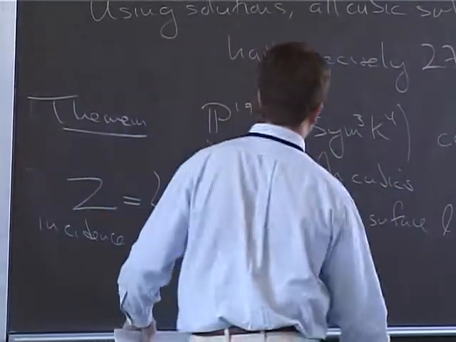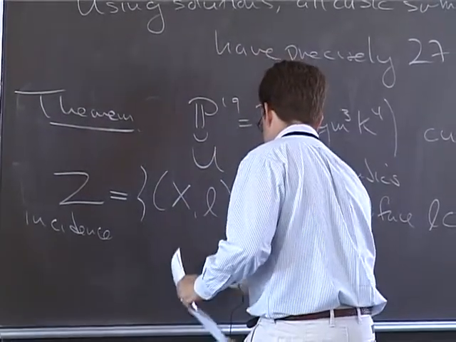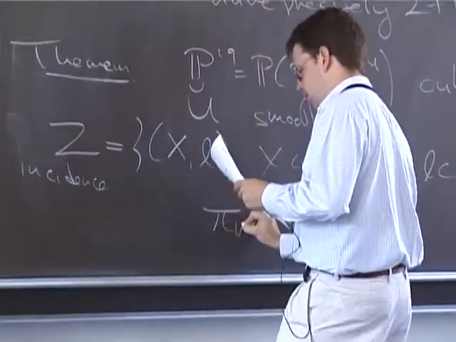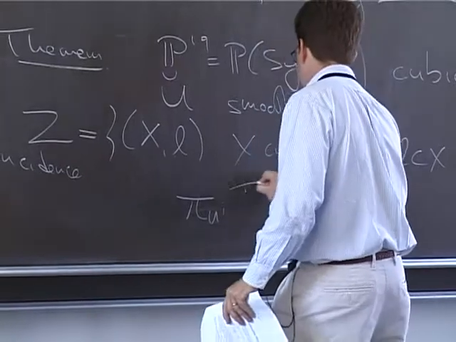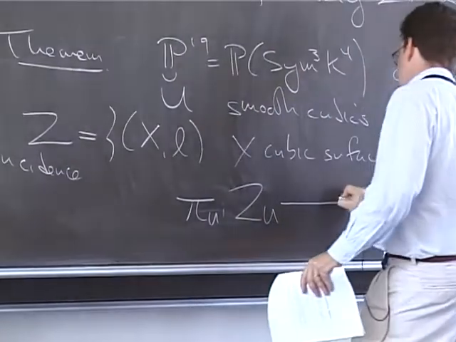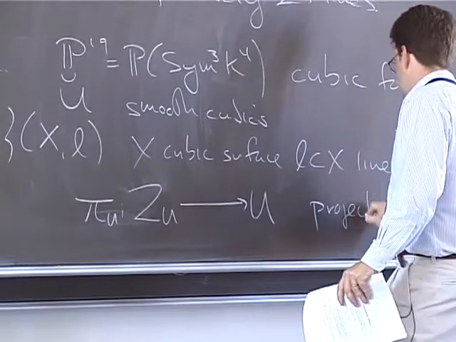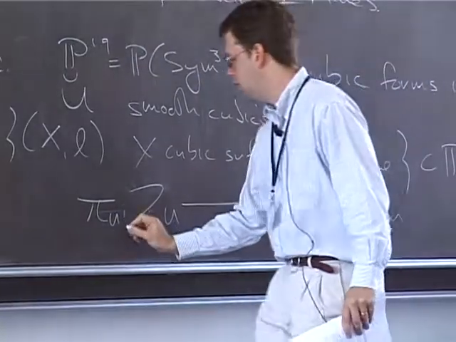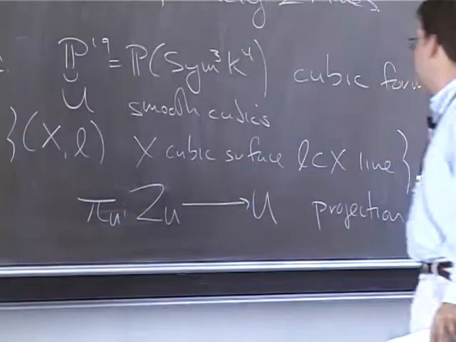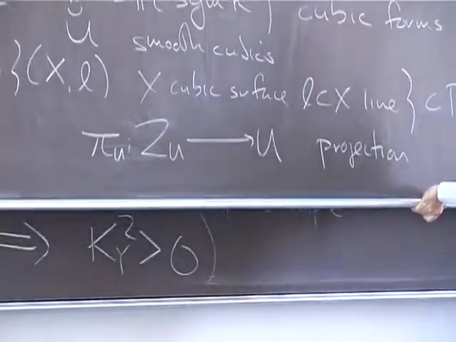And we have an induced map from Z restricted to U to U. This is the induced projection. All right, I need to state the punchline.